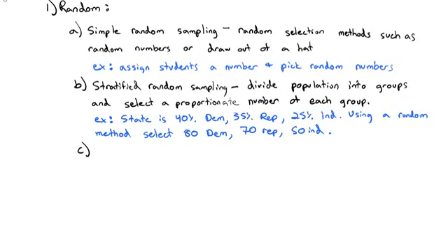Another type of random sampling also involves groups, but it's called cluster random sampling. Again, we're going to divide into groups.